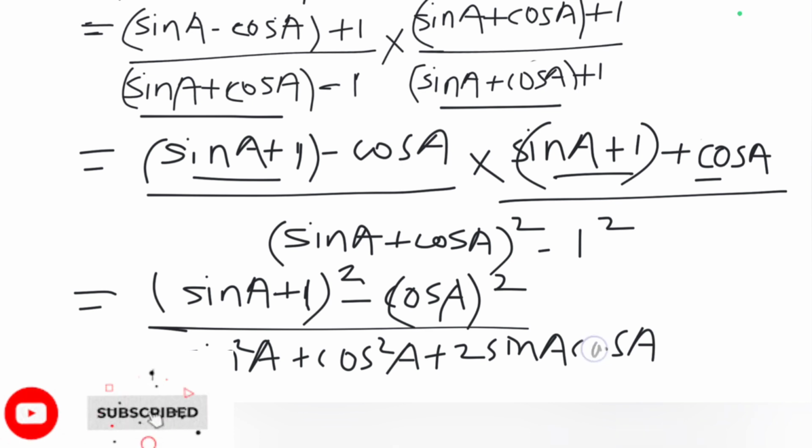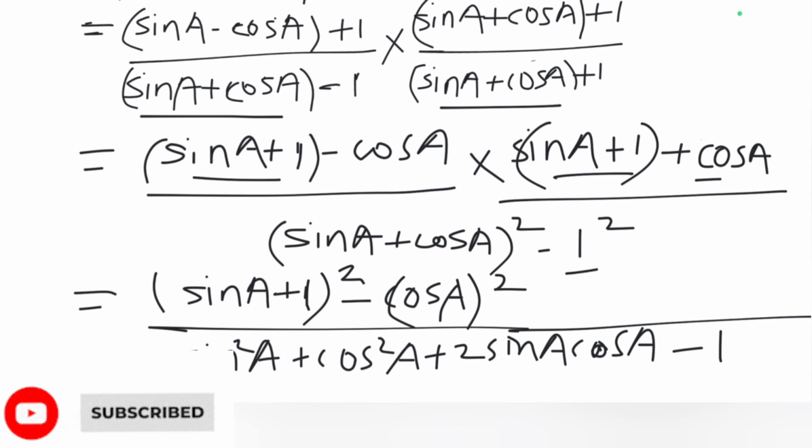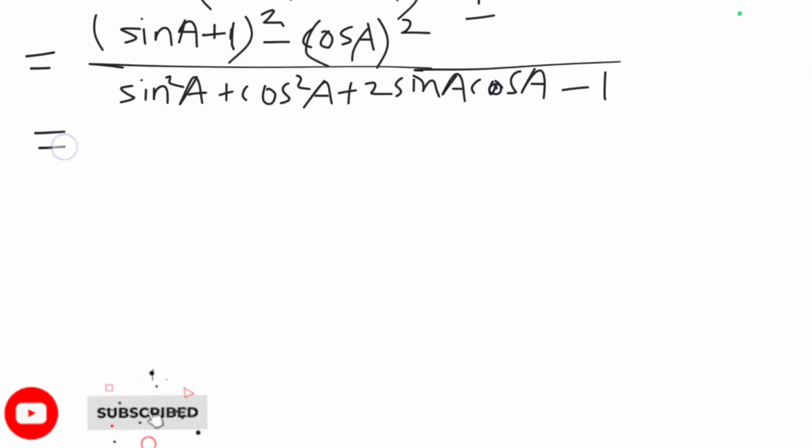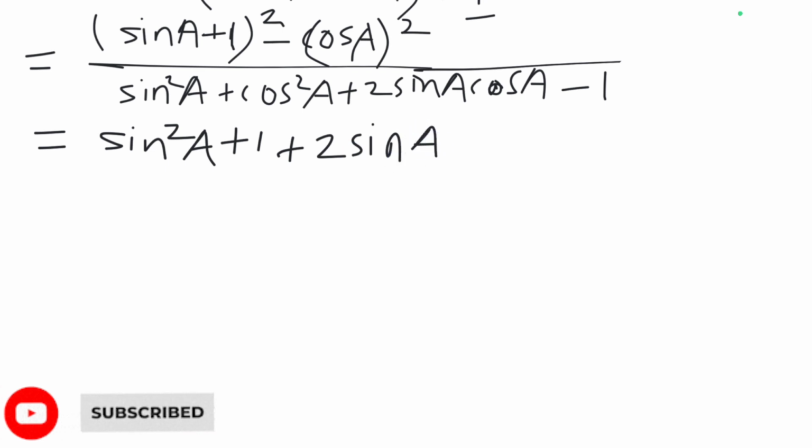What I have done, I have applied the identity that is (A plus B) whole square. Okay, and for this I have written the 1. Now again I can expand this, so it will become sin square A plus 1, A square plus B square plus 2AB, that is 2 sin A. Now what is B here? Only 1, so no need to multiply it by 1.